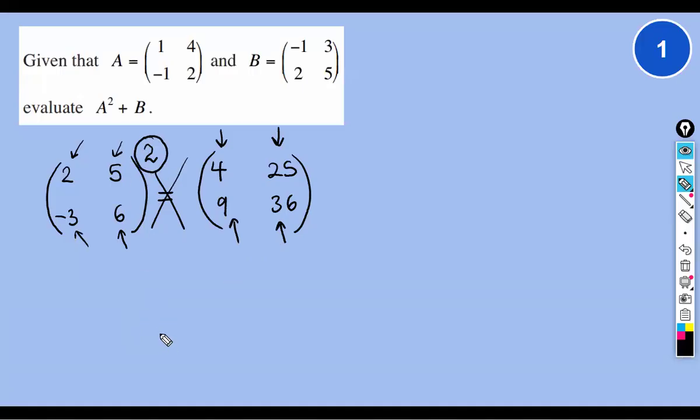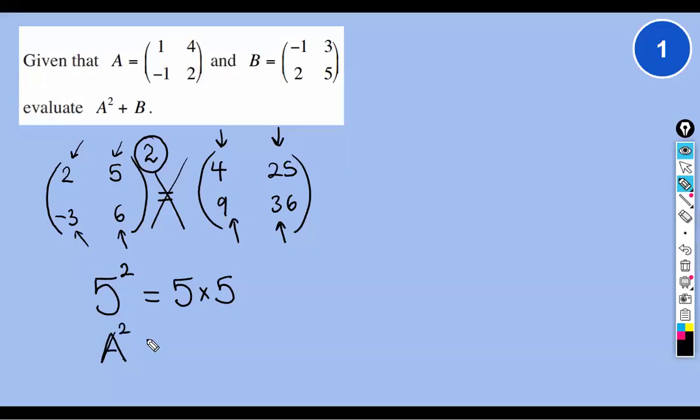What does squared mean? If I have 5 squared, think about what 5 squared means. 5 squared means 5 multiplied by itself. So apply that to a letter now.